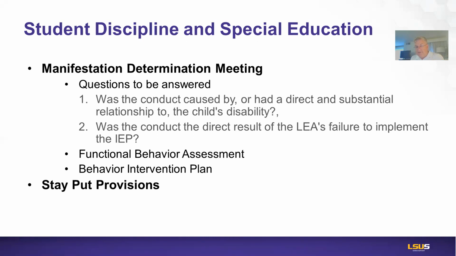Now, most states, and I think Louisiana will be the same, if you as a school principal feel that the student is a threat to the school or the other students, will allow you to change their placement for a certain amount of time while you're waiting for the manifestation meeting to be able to take place. You'll have to check with your local law, but just know that it's not just as easy as throwing a kid in ISS or suspending them or whatever. You can protect the rest of your students.